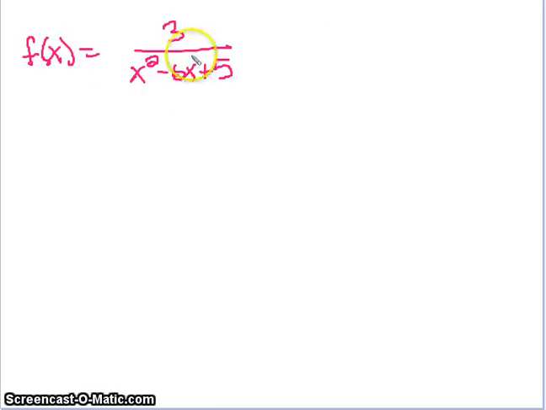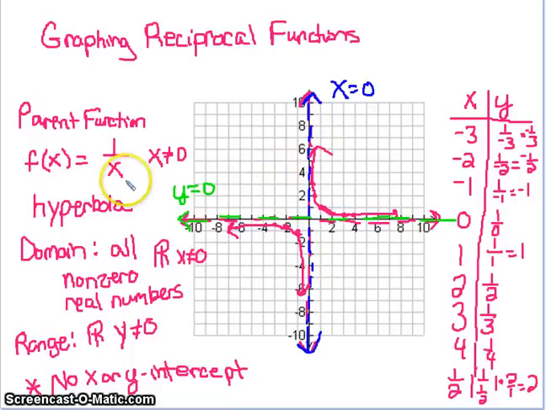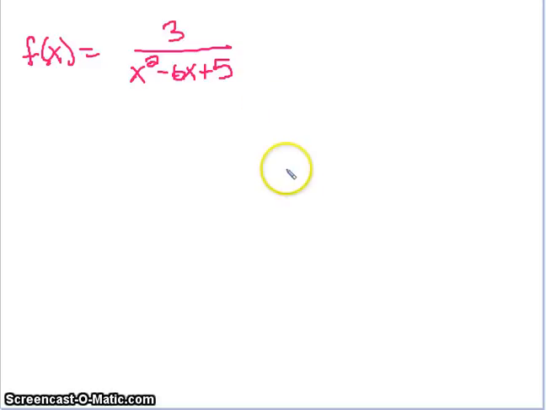Where can we not have a value for x? So in this particular format, it's not really helping us. In our original function, we just had an x in the denominator. So we knew that if we plugged a 0 in, that was not going to work.